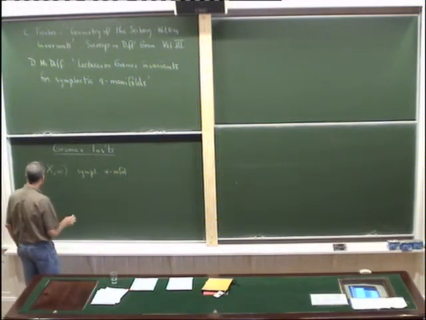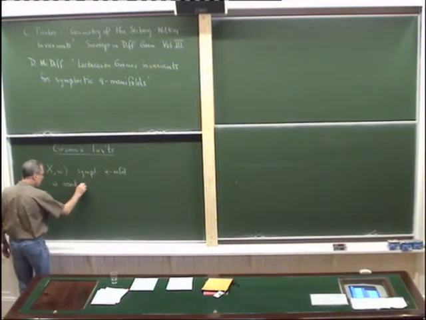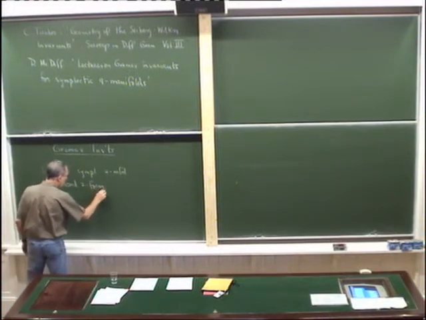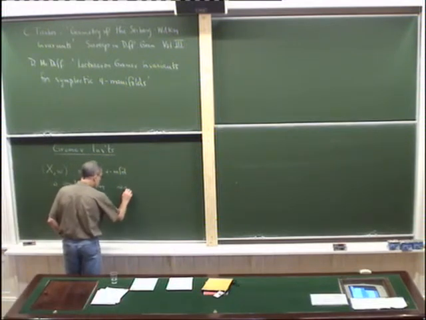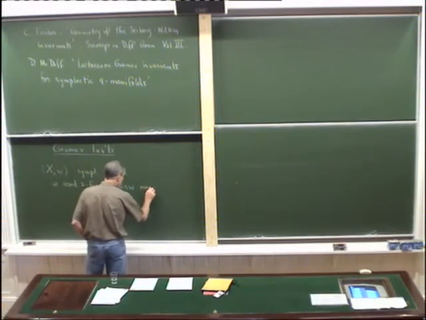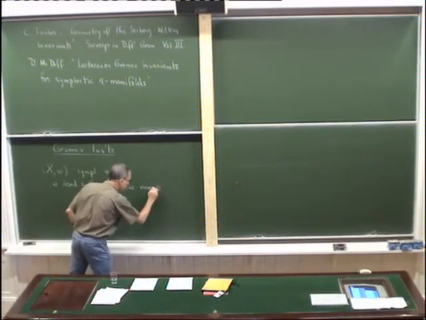And omega is a symplectic form, so that means it's a closed 2-form on X, and omega wedge omega is never 0, never identically 0, however you say this.